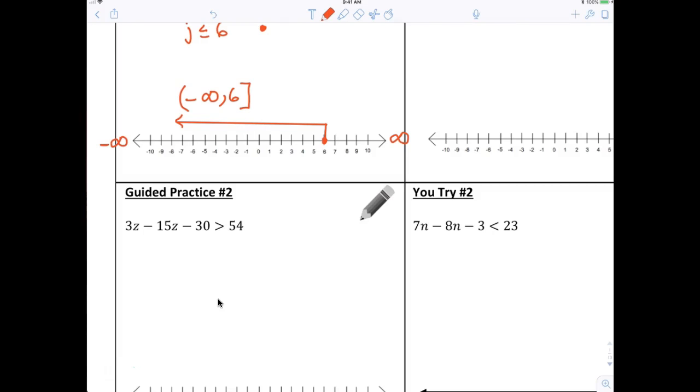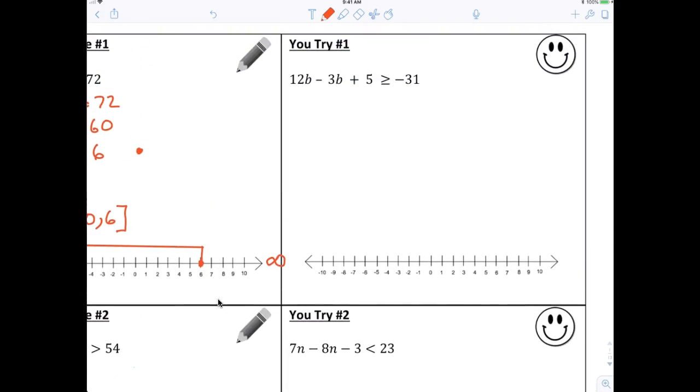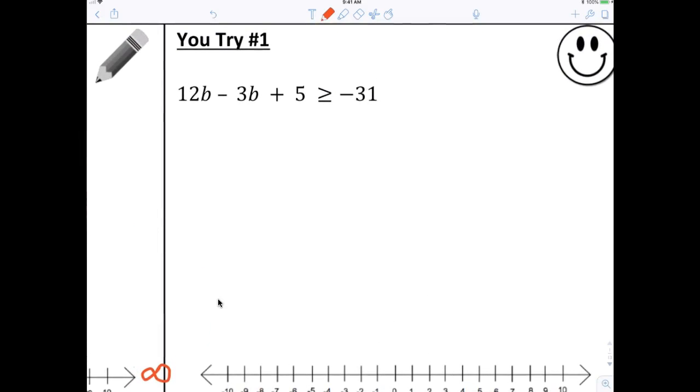All right, so now let's take a quick look at the next one. I'll give you 30 seconds. Let's see if you can do it.